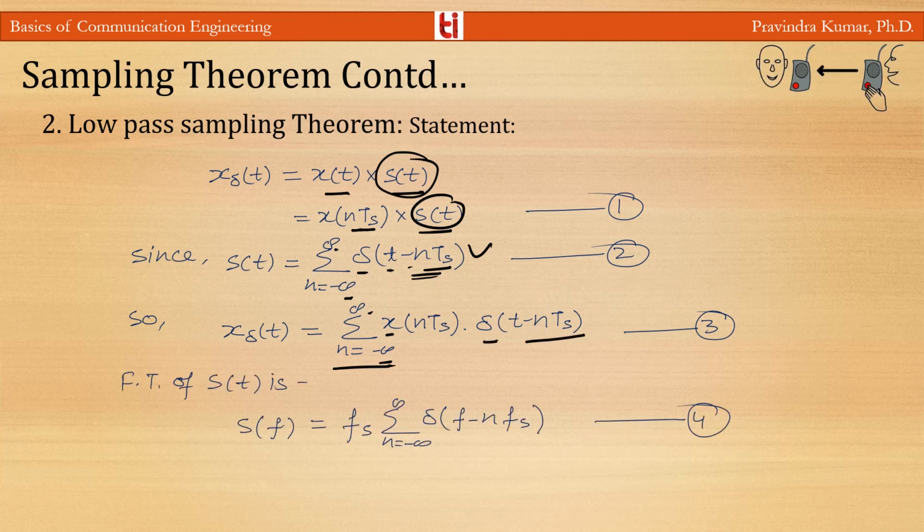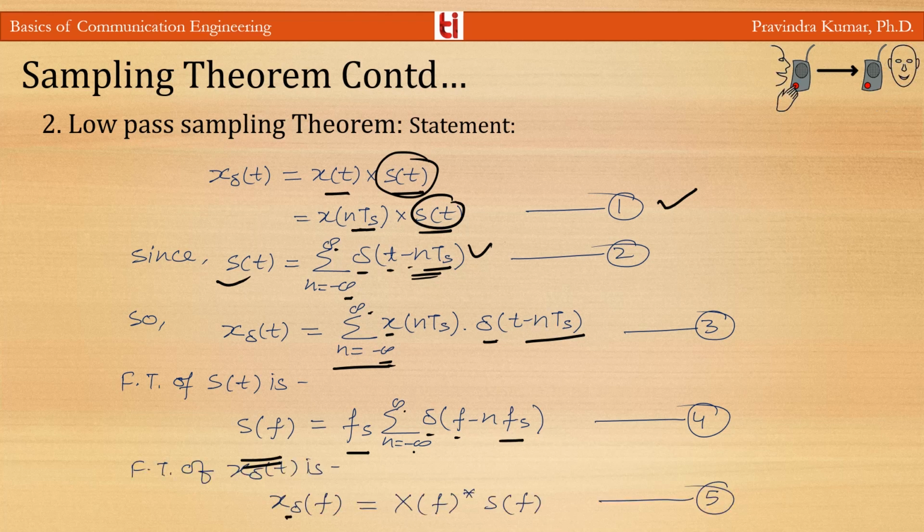And so if I take the Fourier transform of this impulse train, S(f) will be fs summation from minus infinity to infinity delta(f minus nfs). And also the Fourier transform of this sampled signal in equation first can be represented as X delta f, it is X(f) convolution S(f).